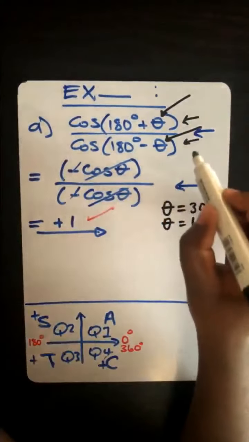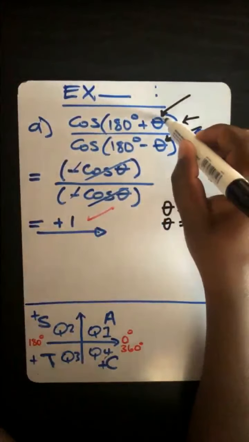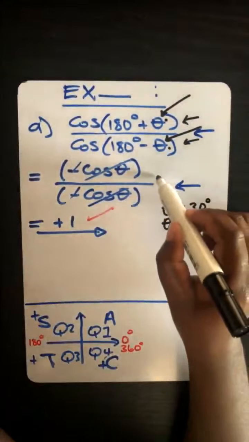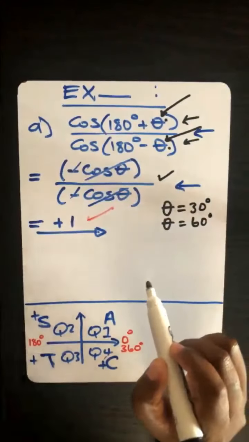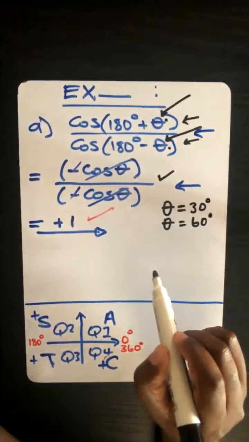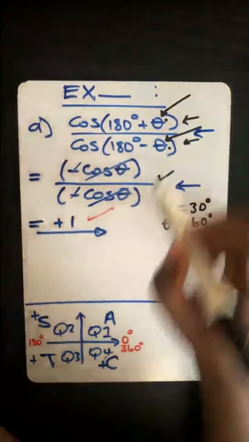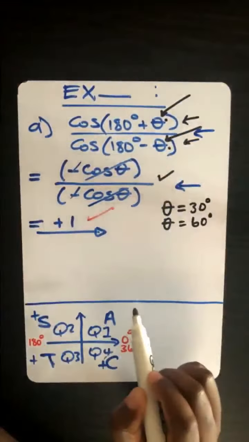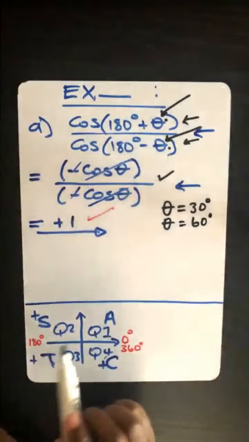Substitute that angle on the original equation. It doesn't matter, Shreyas, whether you substitute it there, but it's advisable that you substitute it on the original expression, because if it gives you 1, then you know everything that you simplified is correct.